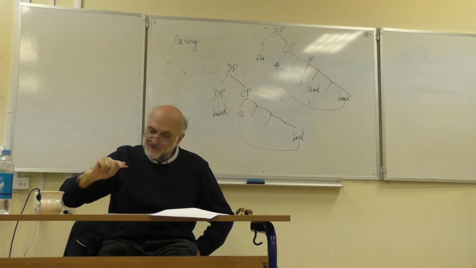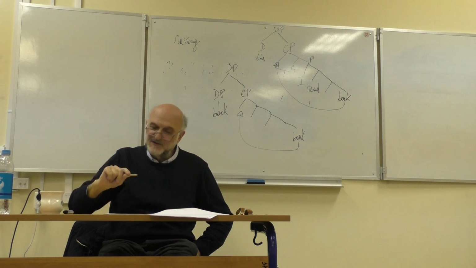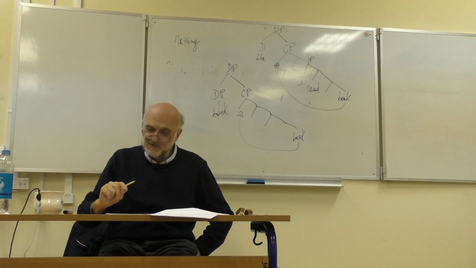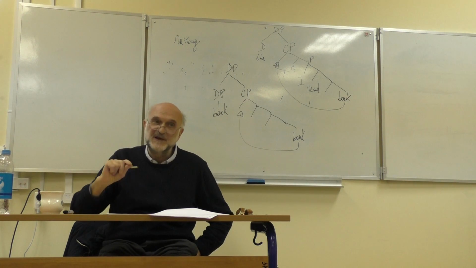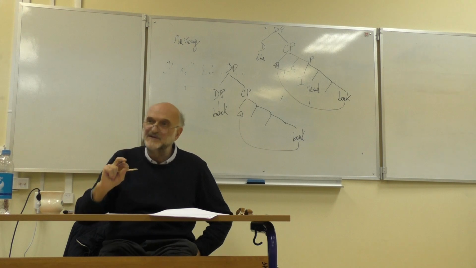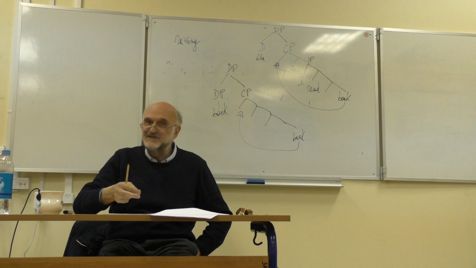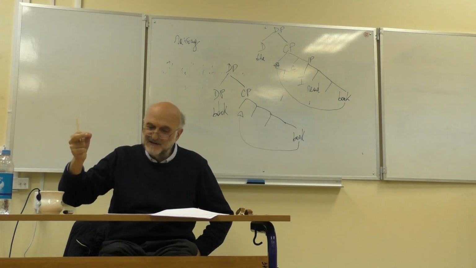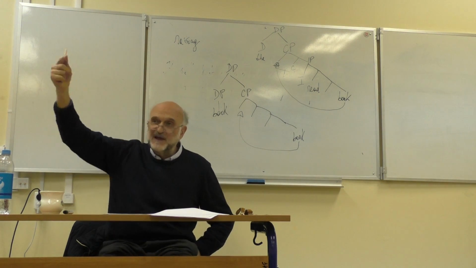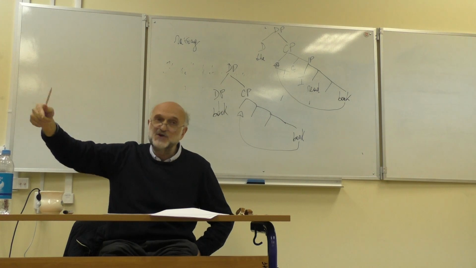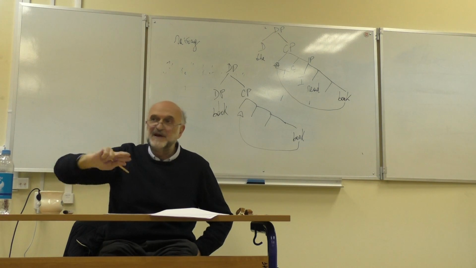So it's not surprising that there is a family of internally headed relative clauses that shows exactly this indefinite restriction, because that follows from the indefinite nature of the external head, if nothing happens.